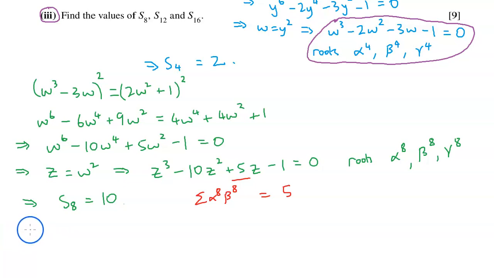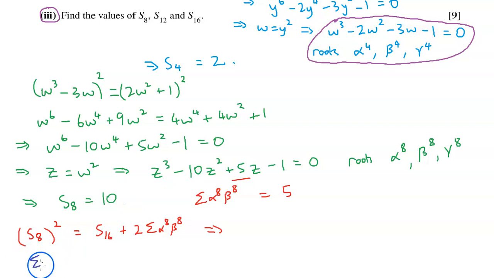So S8 squared is equal to S16 plus 2 times the sum of alpha to the 8 beta to the 8. Just in case you're getting a bit stuck with what's going on there, I'll write it in full.